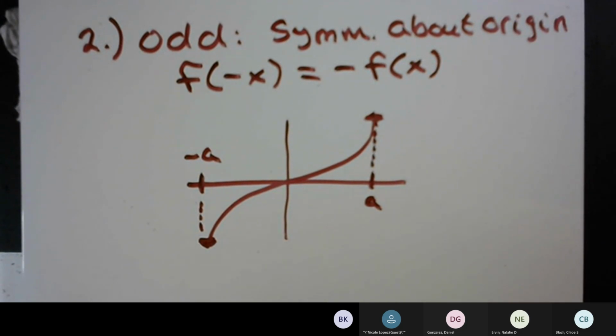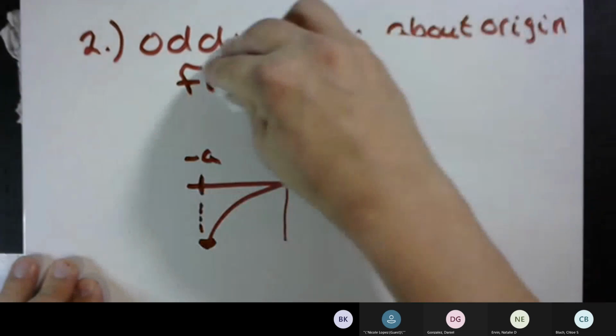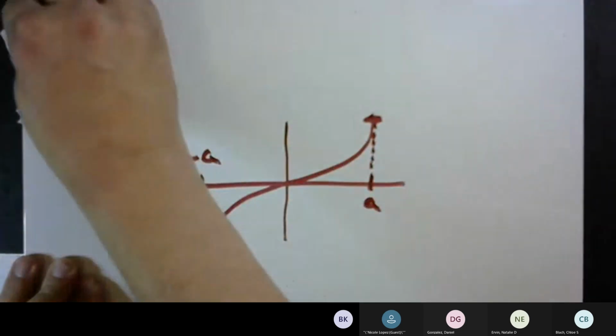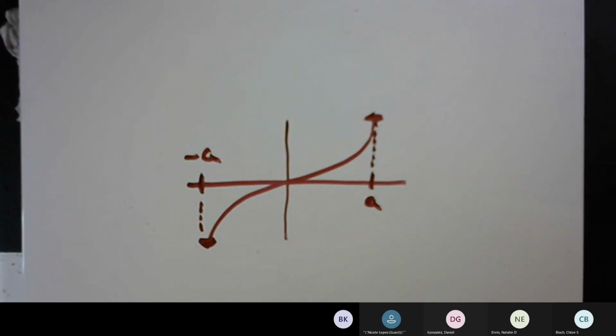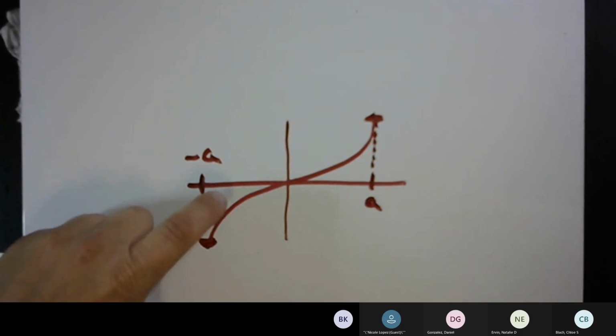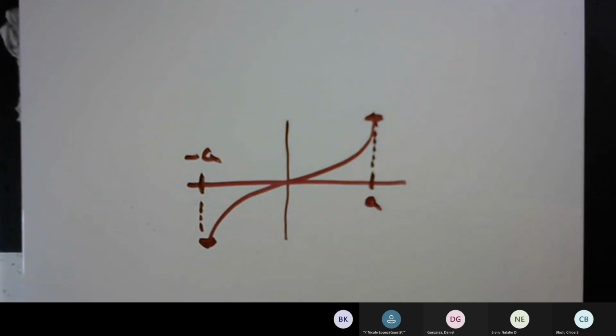So here's the key thing for an odd function. This has come up a little bit, but when you integrate below the x-axis, you're going to get a negative area.